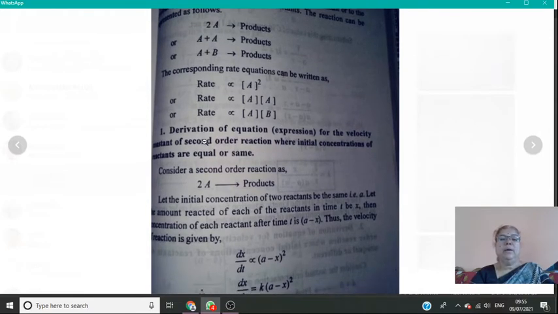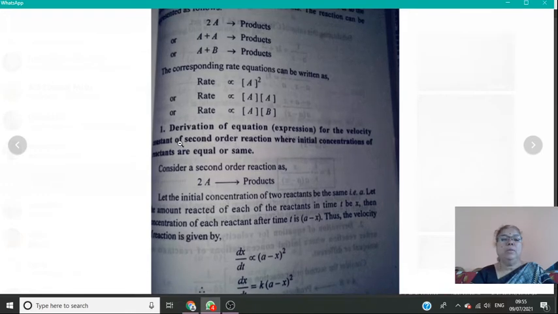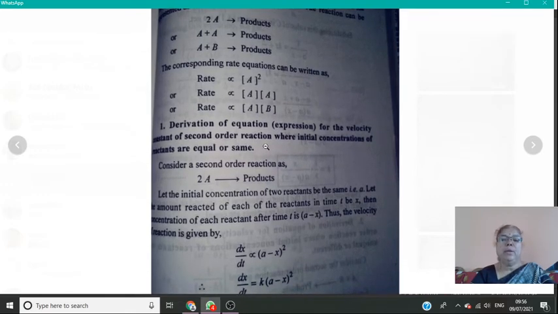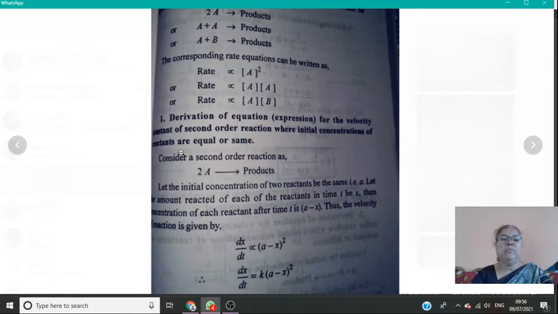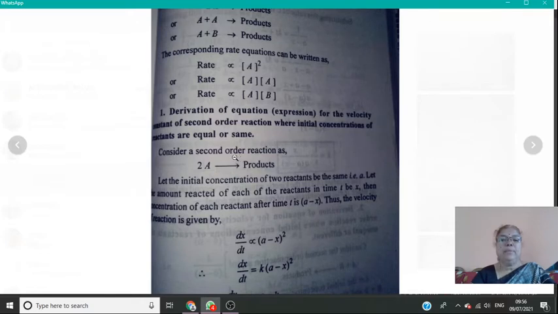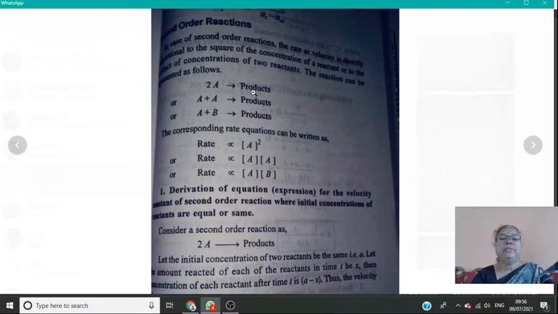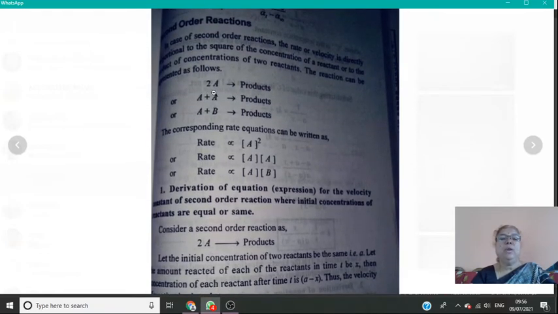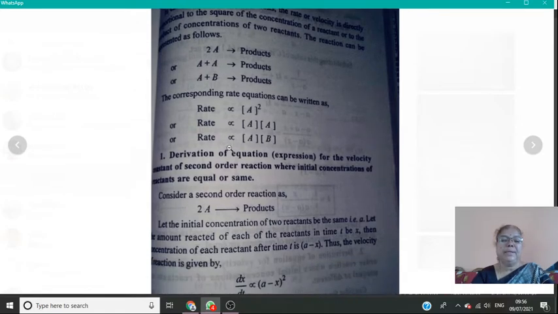Then the derivation of the expression for the velocity constant of second order reaction, where the initial concentrations of reactants are equal or same. That means we consider the first case. We have two molecules with the same concentration.